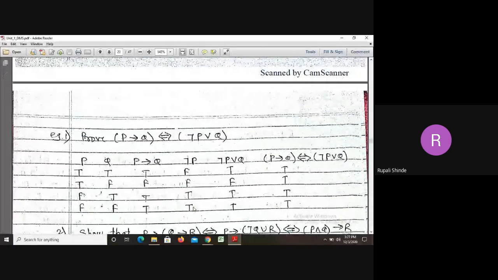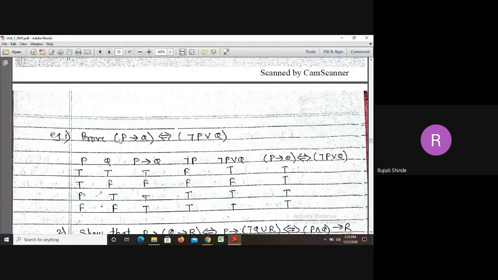Now here in this question, they have said prove that P conditional Q is equivalent to negation P or Q. Already we have seen that P conditional Q is the same as negation P or Q. So now we have to prove that these two formulas are equivalent.